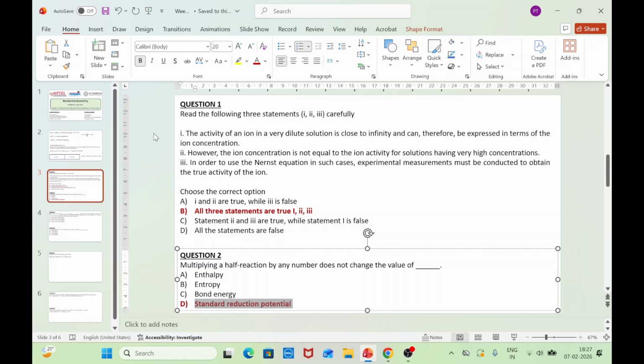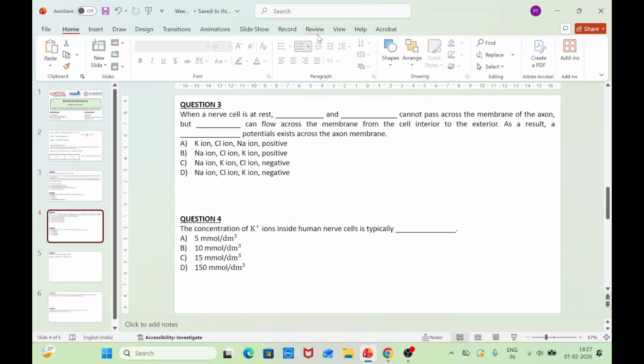It is the standard reduction potential which is not going to change if you multiply a half cell reaction by any number. It can be 0.51 or 1.52, any number. So now let's move on towards the next question.